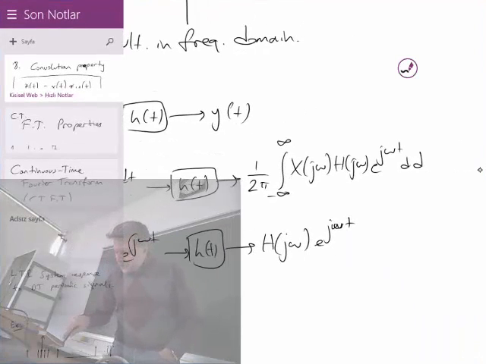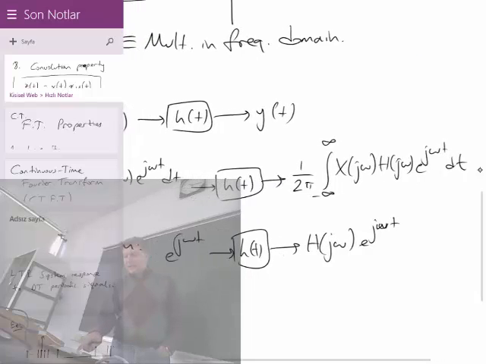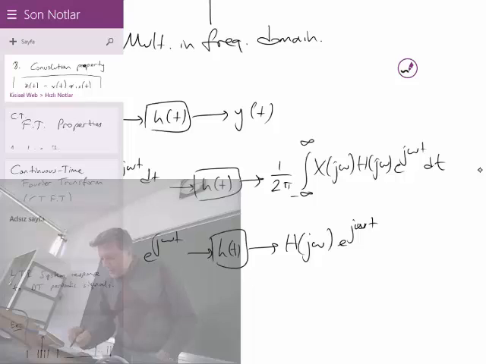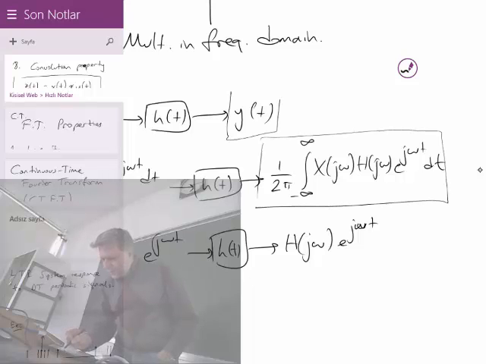Like this. And now, do you see that this thing must be equal to y of t? So y of t is equal to 1 over 2 pi integral x j omega h j omega e to the j omega t.